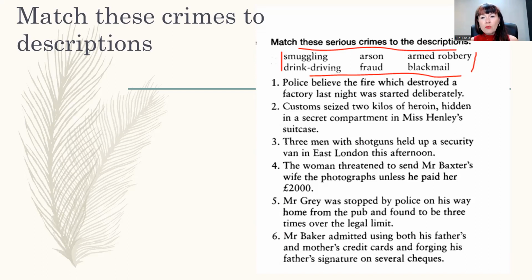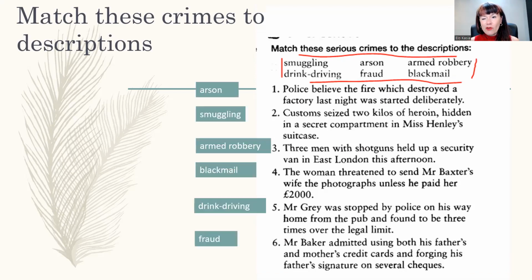Okay, if you need more time, please pause this slide, but I'm going to give you the correct answers now. The first one is, of course, arson. That means deliberately starting a fire on purpose. Smuggling, or drug trafficking, we can call it. Number three, 3 men with shotguns, this is called an armed robbery. Blackmail is when you threaten somebody to disclose their secrets if they don't pay you money.